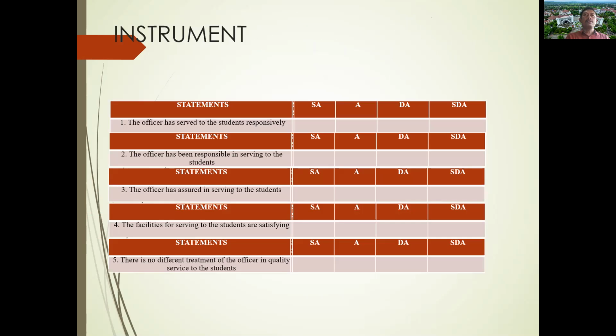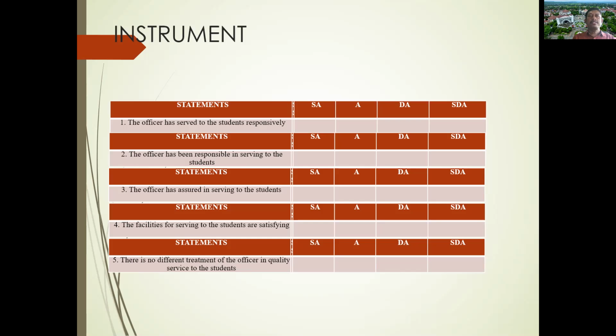There are 5 indicators. These should be operationalized with 5 statements like this. The first statement is: the officer has served the students responsively. The second, the officer has been responsible in serving the students. The third, the officer has assured in serving the students.